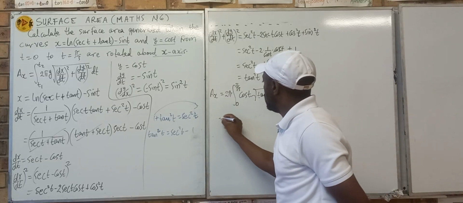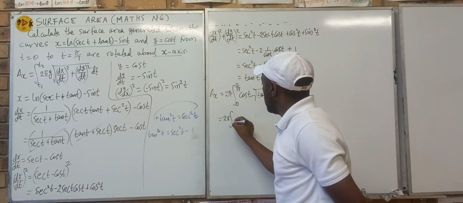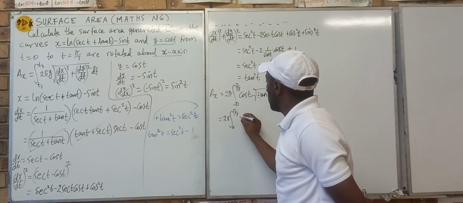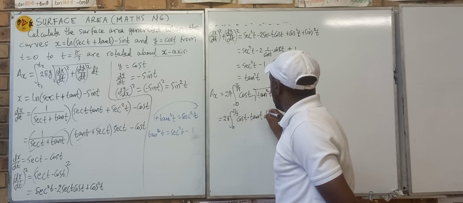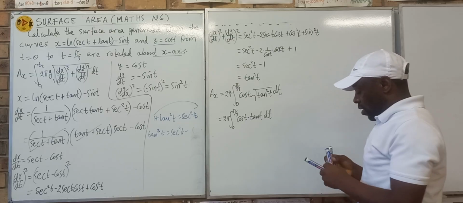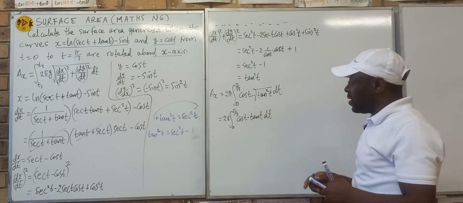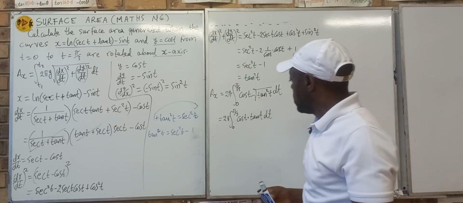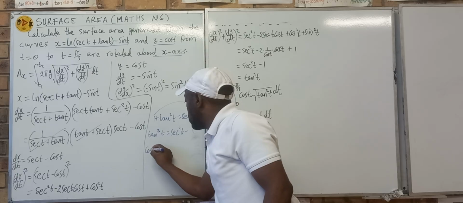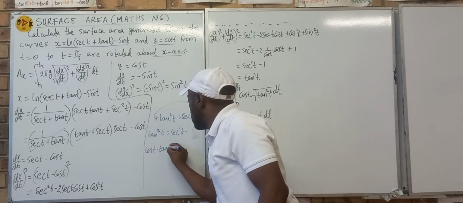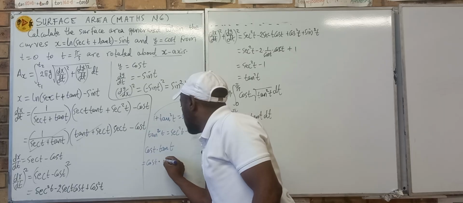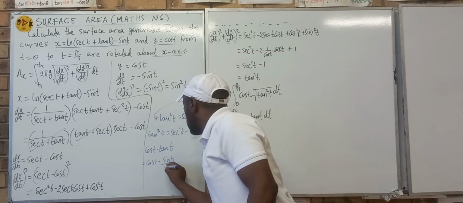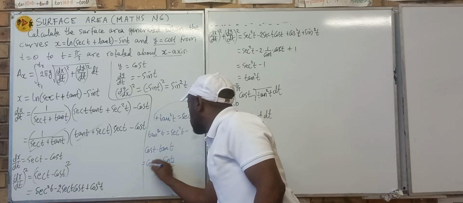So that will reduce to 2 pi, the integral from 0 to pi over 3 of cos t multiplied by tan t dt. But we all know that the base of trigonometry is sine and cos. So if I have cos t multiplying tan t, this is the same thing as cos t multiplying sine t on cos t, where cos will cancel.